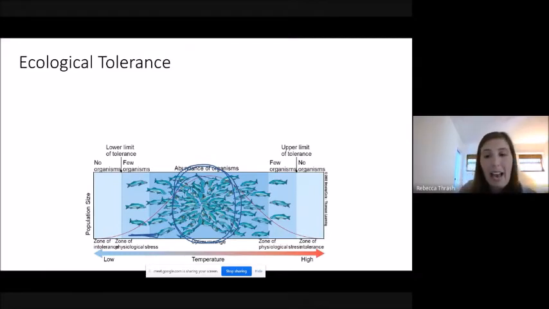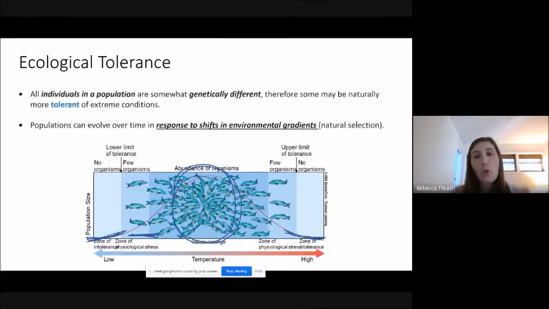Then there are the outer limits of the temperature spectrum that they cannot exist in. So why does this happen? Well, all individuals in a population are somewhat genetically different from each other. That means that each of these fish have slightly different genes or mutations within those genes that could enable some of them to be more tolerant of the lower temperatures and some to be more tolerant of the higher temperatures.